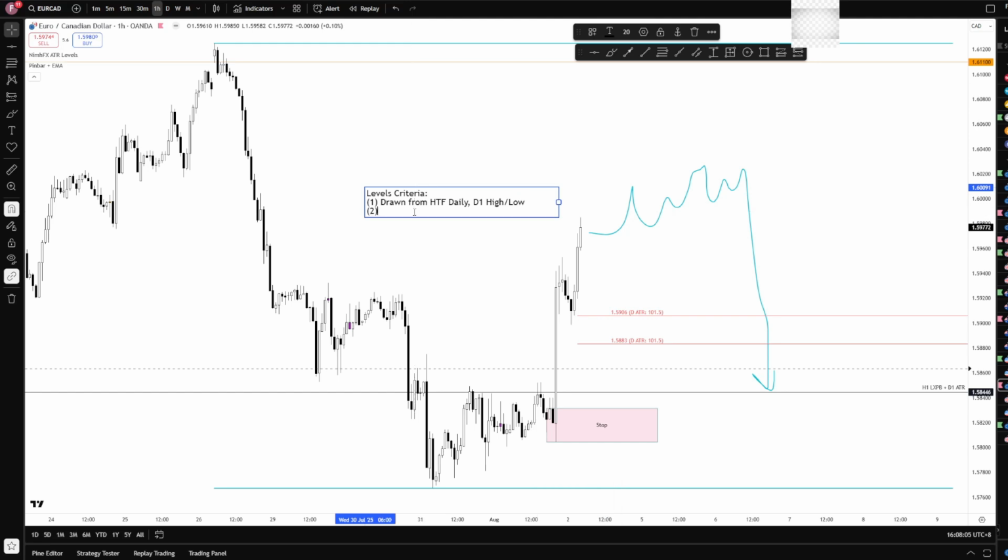Second, it needs to be well respected on the H1 time frame. So the Aussie dollar did not fit the first criteria, and Euro Swiss did not fit the second criteria. So those are my takeaways for this week.